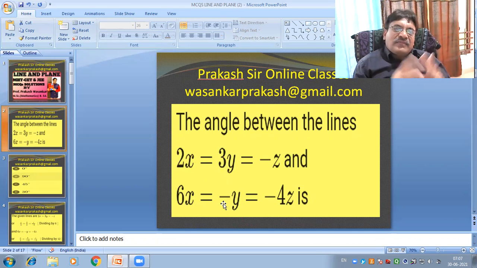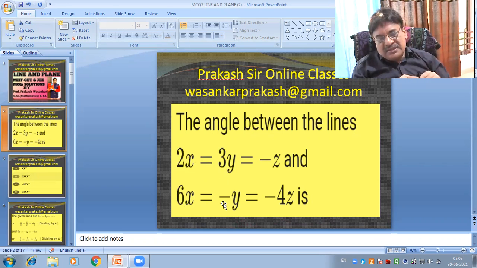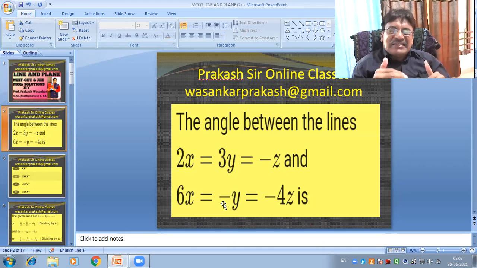So here, first we find the DRs of the first line and then the second line. We convert the given equations of the line in the form (x - x1)/a1 = (y - y1)/b1 = (z - z1)/c1, and the second equation in the form (x - x2)/a2 = (y - y2)/b2 = (z - z2)/c2.